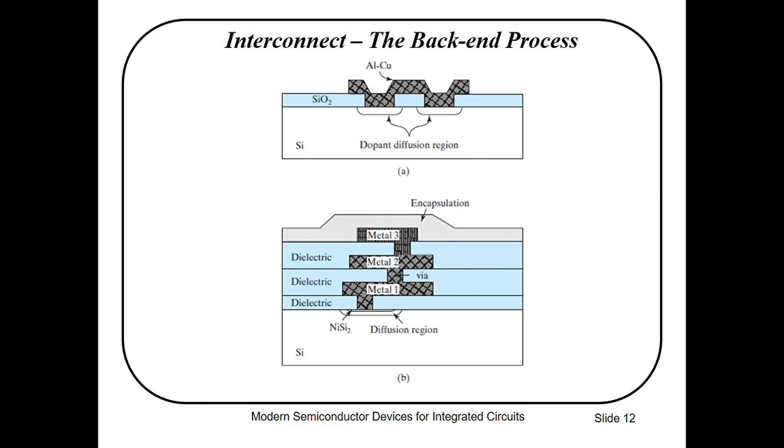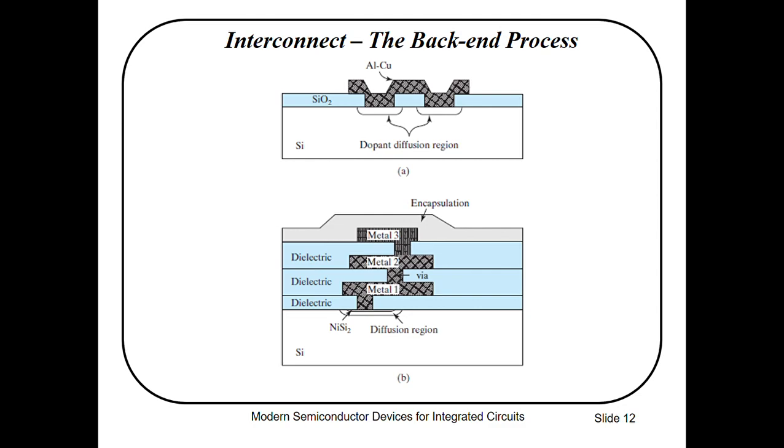Interconnects. To build an integrated circuit, the individual devices must be interconnected by metal lines. This procedure is sometimes called metallization. A simple interconnect is illustrated in figure A. First, SiO2 is removed from areas where contact is to be made with silicon.